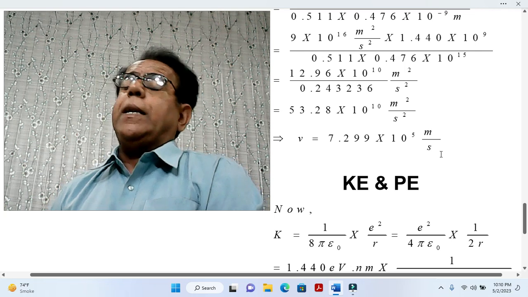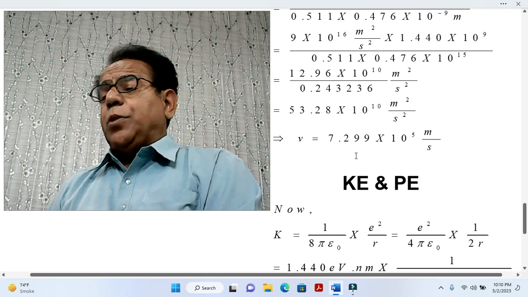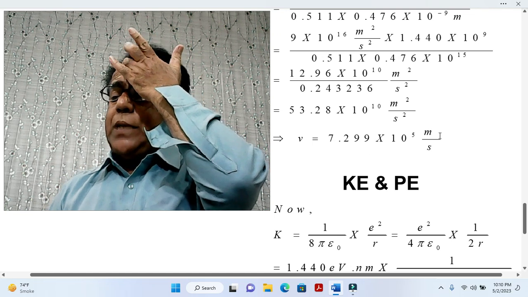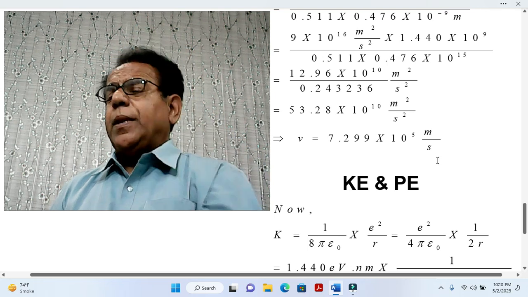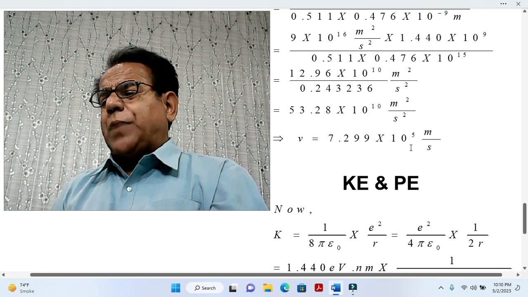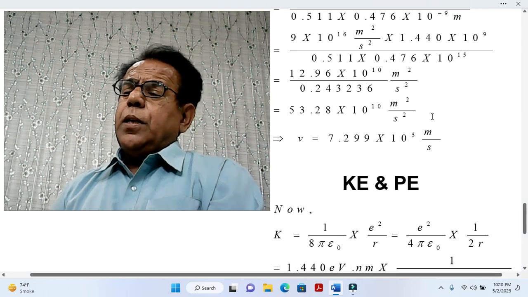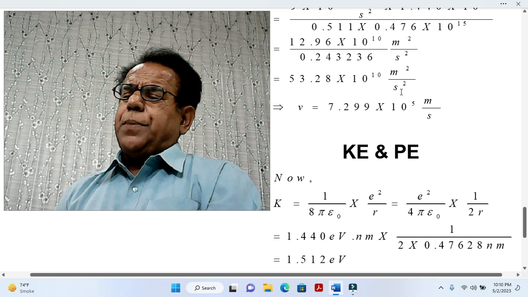So hence the velocity v has become equal to 7.299 into 10 to the power 5 meter per second. We can round it as 7.3 into 10 to the power 5 meter per second, but it is a matter of discretion. Up to this it is quite acceptable.